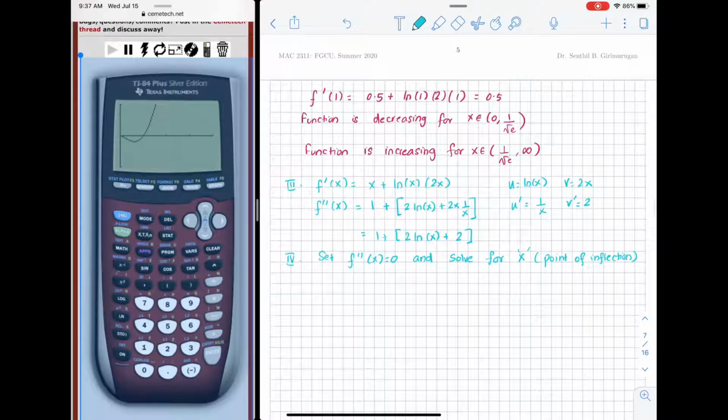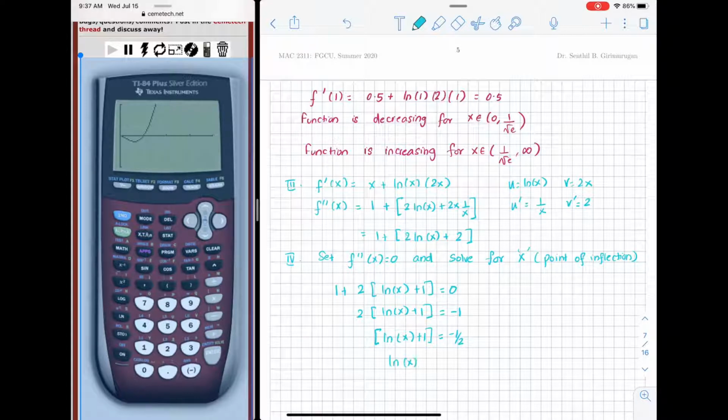1 plus 2 ln of x plus 1 equals 0. 2 ln of x plus 1 equals 0. Minus 1. Ln of x plus 1 is equal to minus 1 over 2.